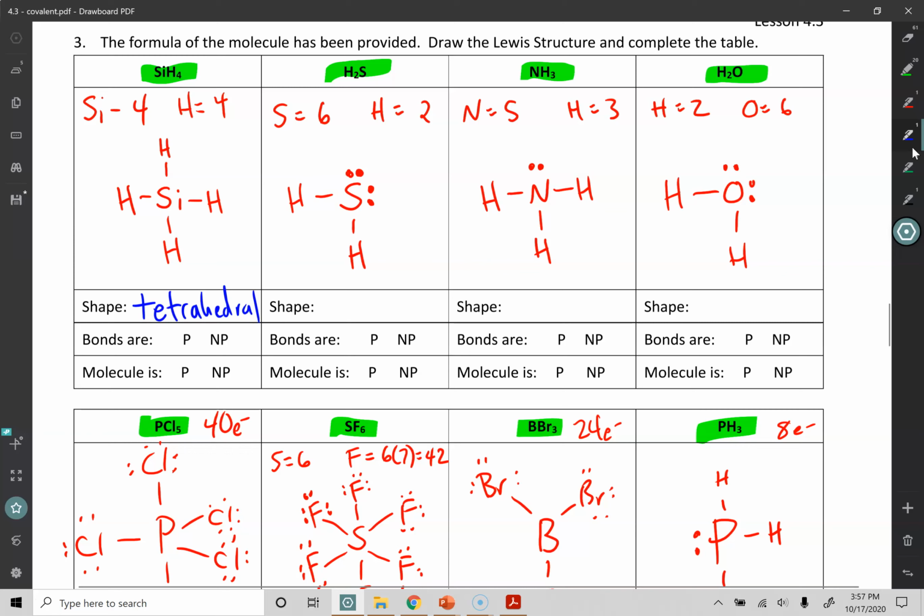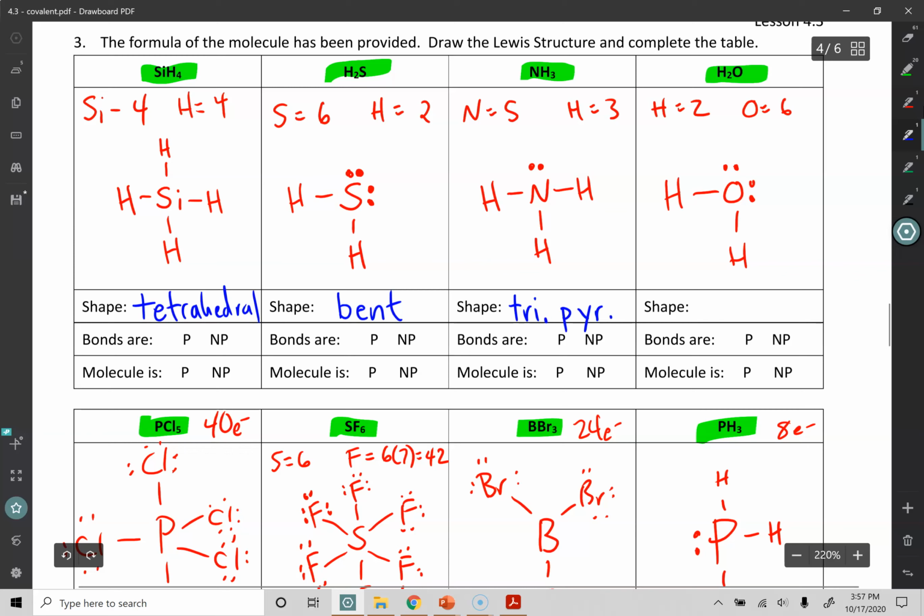Ultimately, you should do enough practice problems where it just comes like second nature to you. H2S. So 2 atoms bonded to the central atom, 2 unshared pairs of electrons. That is the bent geometry. NH3, 1 unshared pair, 3 bonded atoms. That's Trigonal Pyramidal.